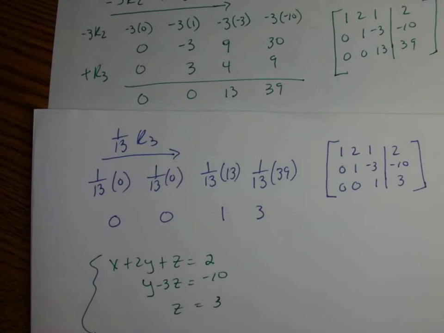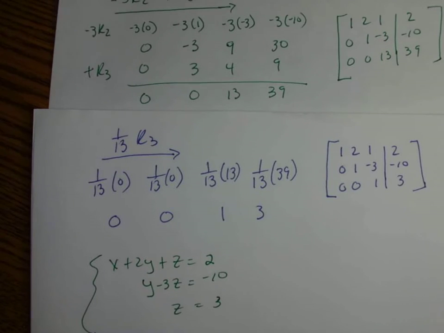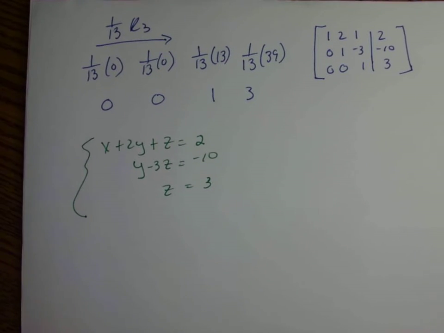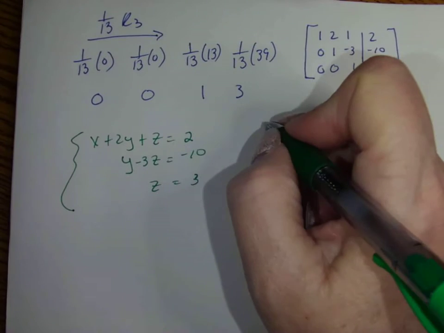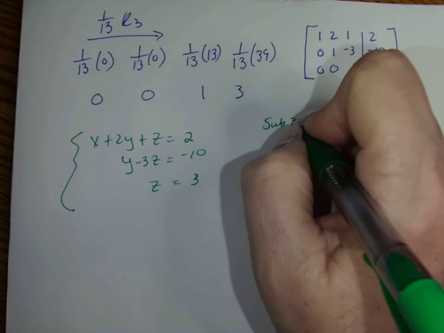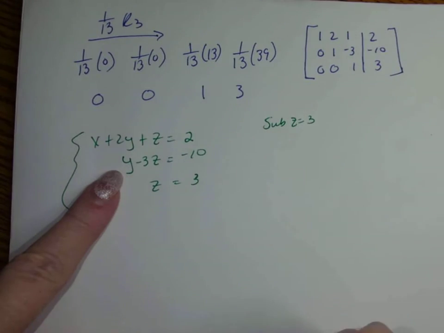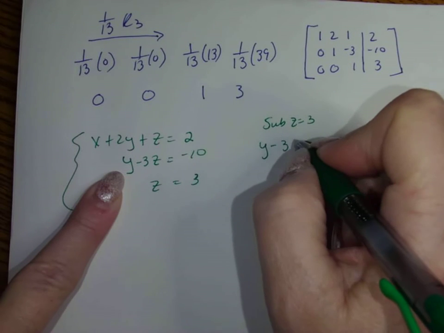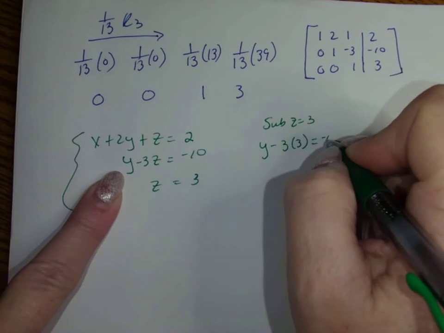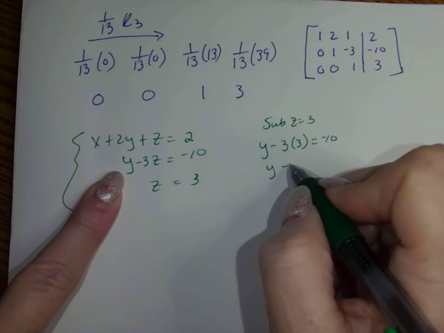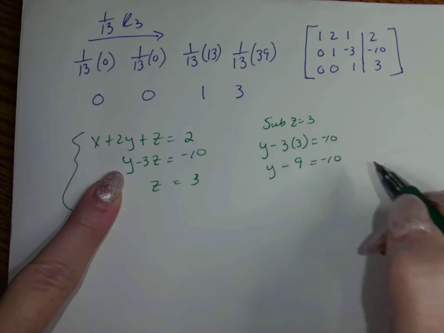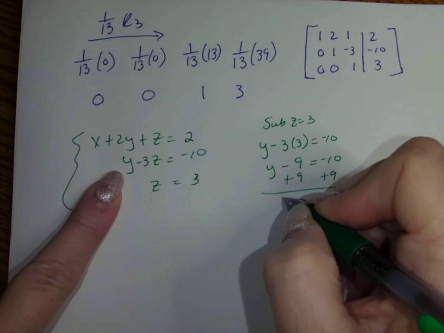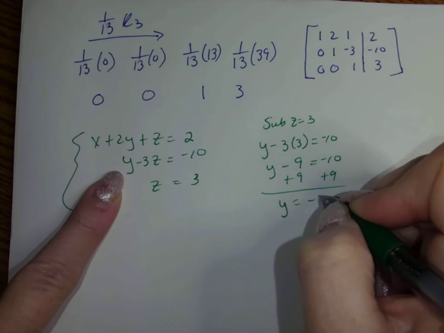So now that we know what z is, we can solve for the rest of our variables. First we'll sub z equals 3 into this equation. So we have y minus 3 times 3 equal to negative 10. y minus 9 equals negative 10. Add the 9 over, and we get y is equal to negative 1.